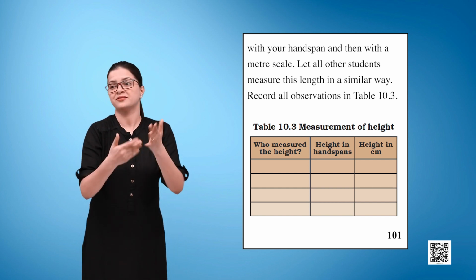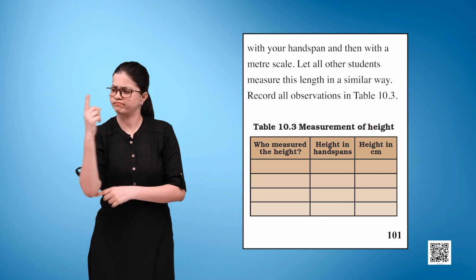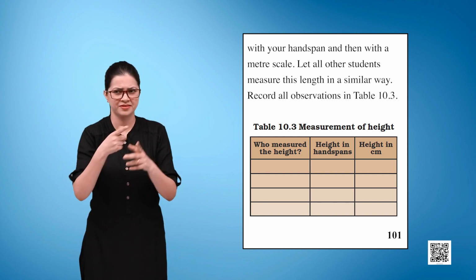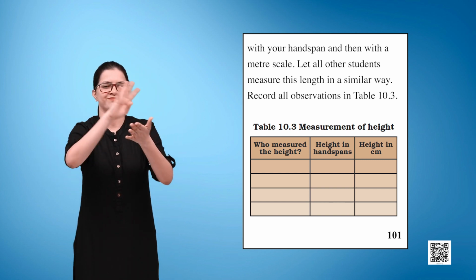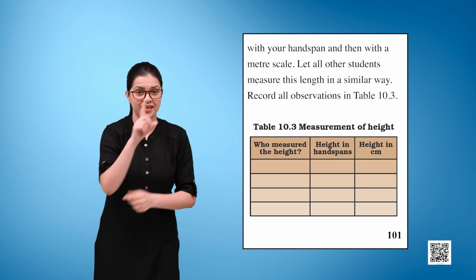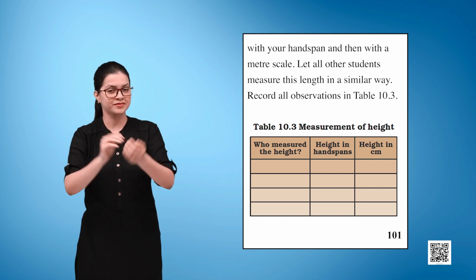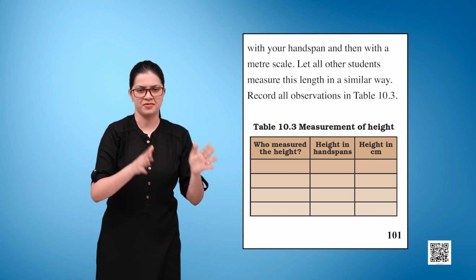Let all other students measure this length in a similar way. Record all observations in table 10.3. Here is the table 10.3, Measurement of height, which is divided into 3 columns.